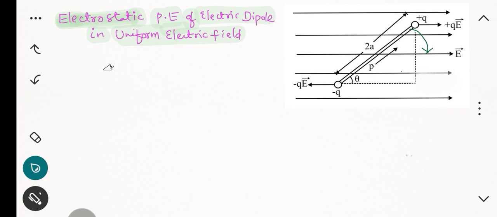Today we will discuss the electrostatic potential energy of an electric dipole in a uniform electric field.